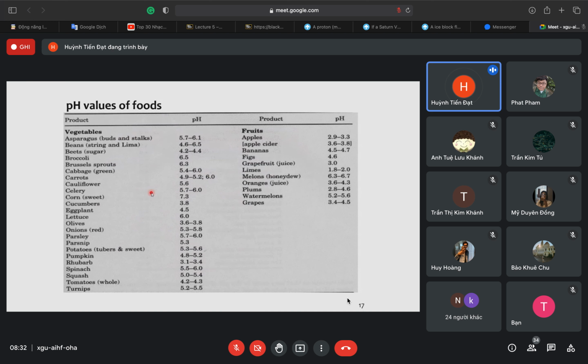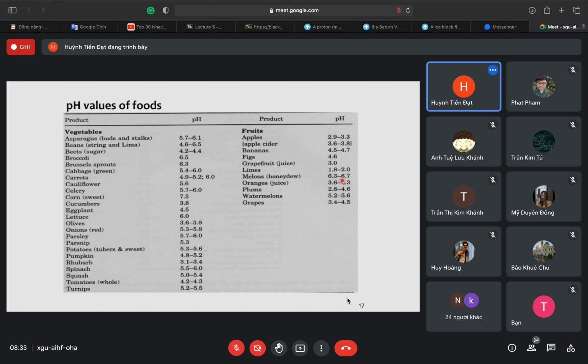So the pH value of some foods, vegetables and then fruit. Here you see that most of the fruit have low pH, except for honeydew melons.